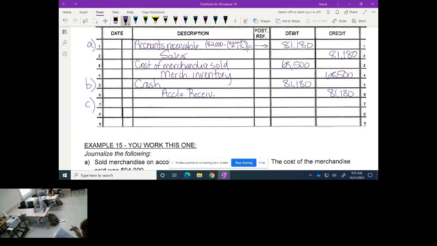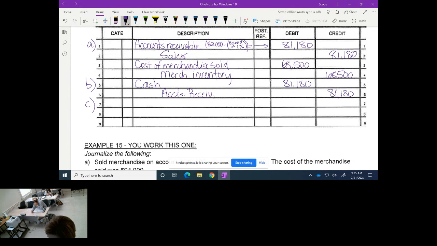Okay, so I'm gonna show you in a minute where this comes from. But this is a new account that we're gonna use. Note in the verbiage up here that it says the customer agreed to keep the merchandise. So the inventory's not coming back. If they're keeping it and they're telling us on here it's damaged, so I mean, we don't want it back anyway. If it's damaged, just keep it, we'll give you a credit.